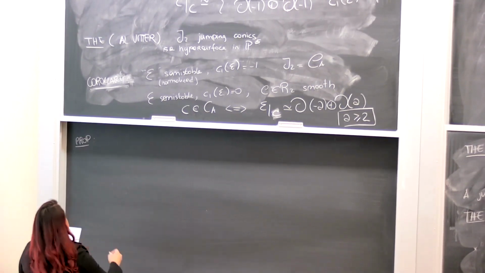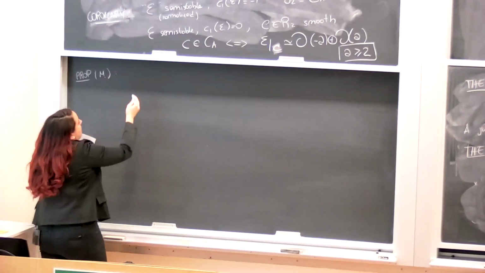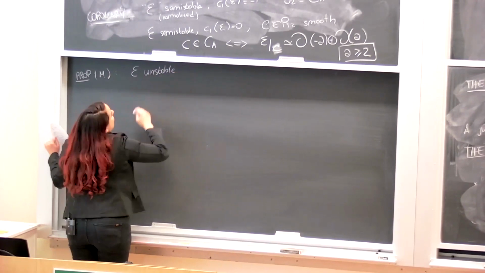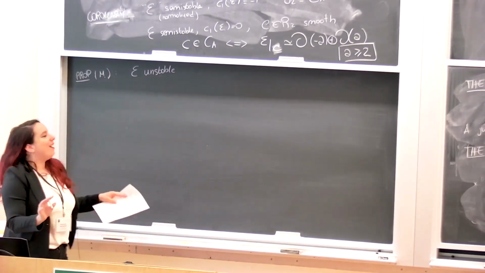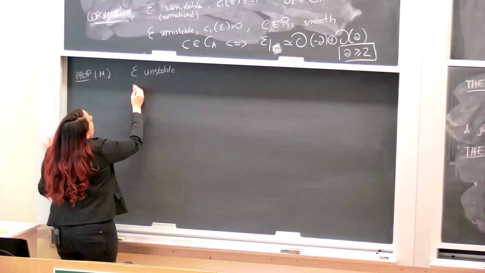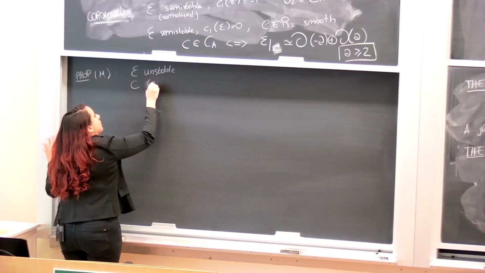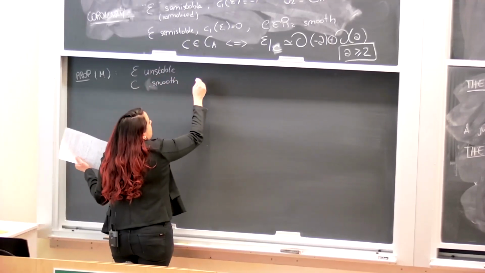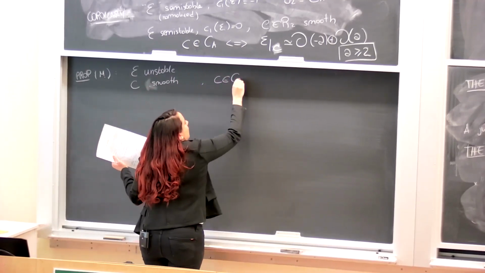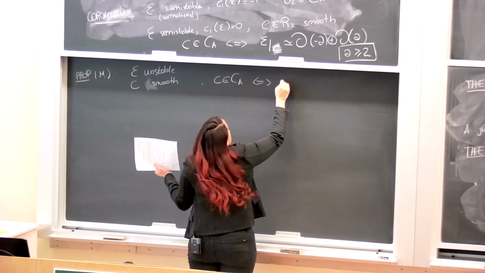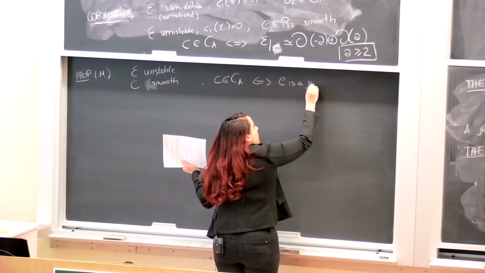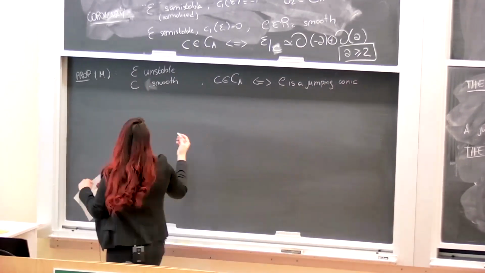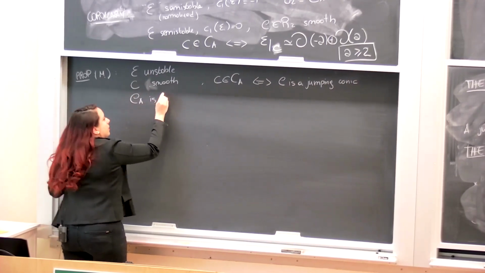we can also extend this idea to the unstable case, and in the unstable case everything works nicely. So for the unstable, we have that for C smooth, C is in here if and only if C is a jumping conic.